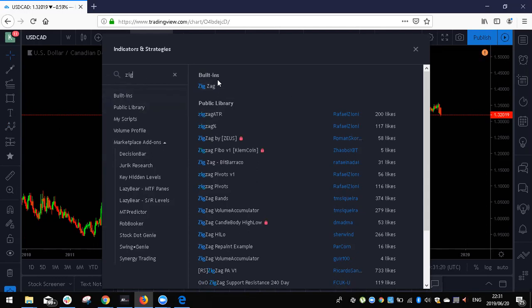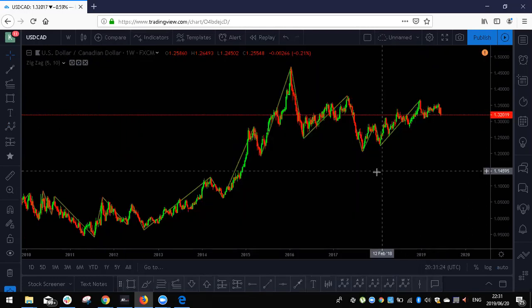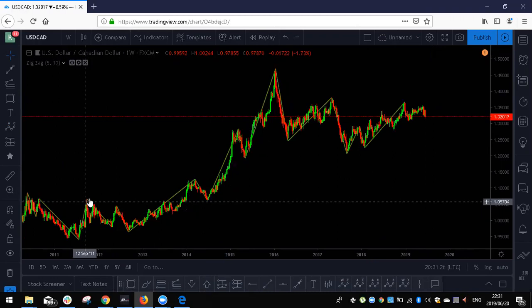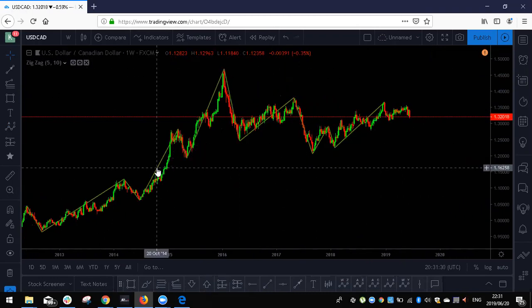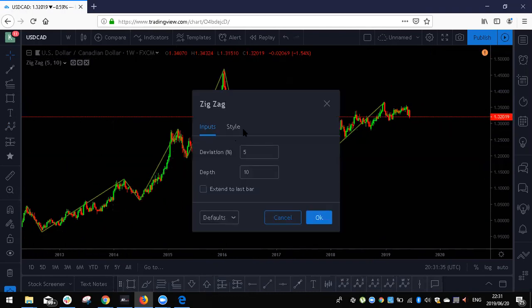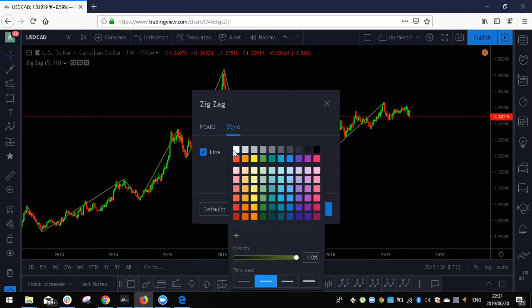There's this indicator called a zigzag. What this zigzag does is it takes the highest and the lowest points and draws a structure like this. I always recommend this zigzag when you're starting out on Elliott wave because it filters out the noise of the market.